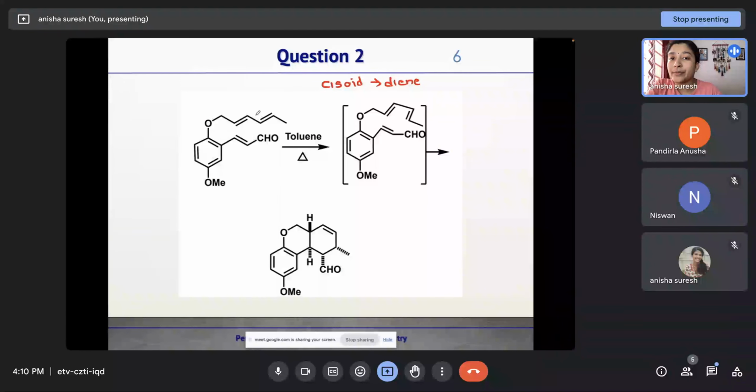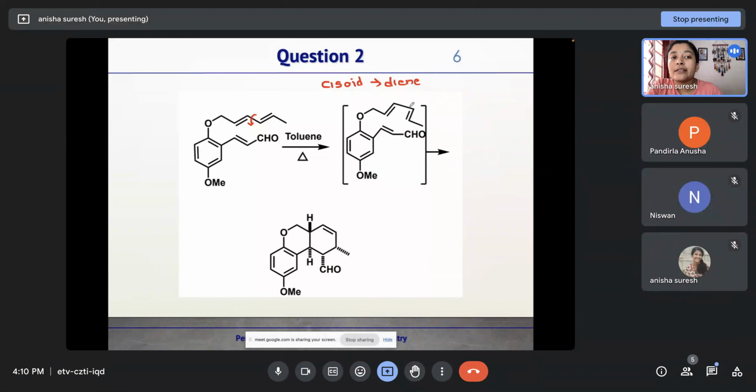But it is possible for this single bond to rotate, and we will be able to get this cisoid conformation of the diene. Understood? The single bond rotation is feasible. Hence it will rotate and we will get the cisoid conformation that is mandatory for the Diels-Alder reaction to take place. Now we are having this cisoid conformation, the Diels-Alder reaction.